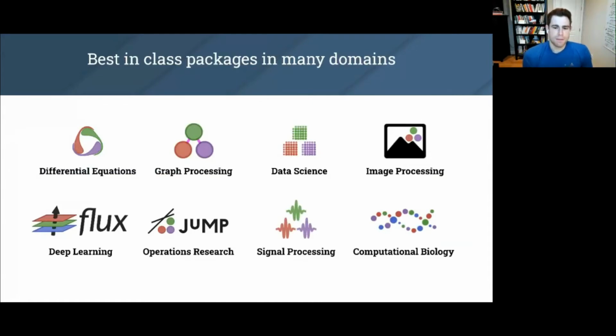So there's definitely some world-class packages in the Julia ecosystem. I think some of the ones that make a lot of these use cases that we just talked about possible are the differential equations and scientific machine learning packages, Flux, JuMP. All of these are world-class packages.